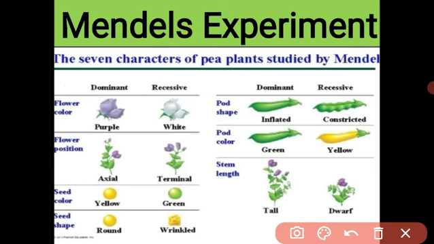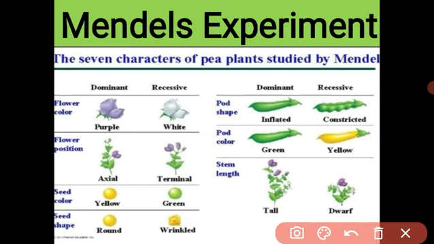In the pea plant, there are so many contrasting characters, like the color of the flower. The pea plant has purple colored flowers and white colored flowers. Then the position of the flower: some flowers are axial and some are terminal in position. Seed color is a character, and there are 2 alleles of this character: one is the yellow seed and another is the green seed.